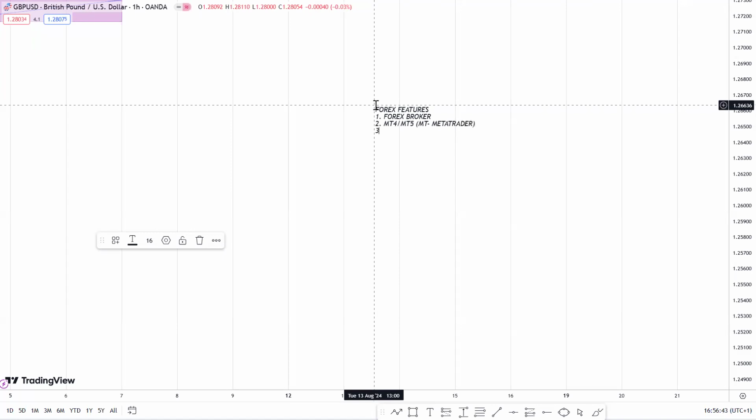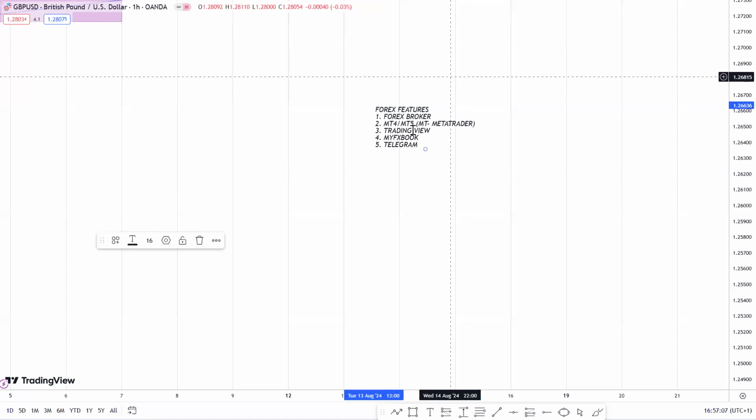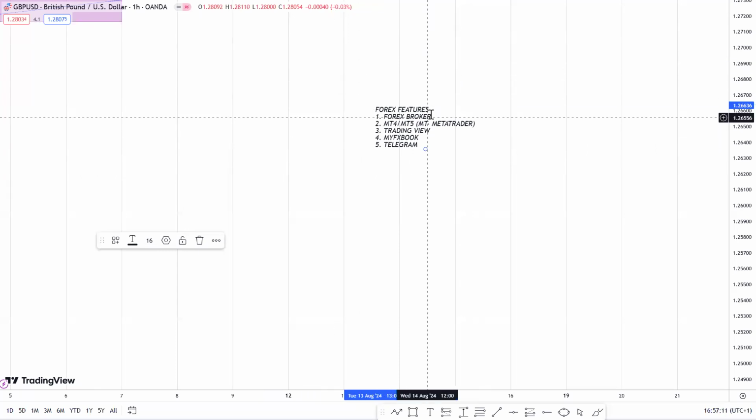Then we have TradingView, which is what you can currently see that I'm using to look at the charts. We have MyFXBook, and number five, we have Telegram. If somebody just came in, let me accept that person. Okay, accepted.